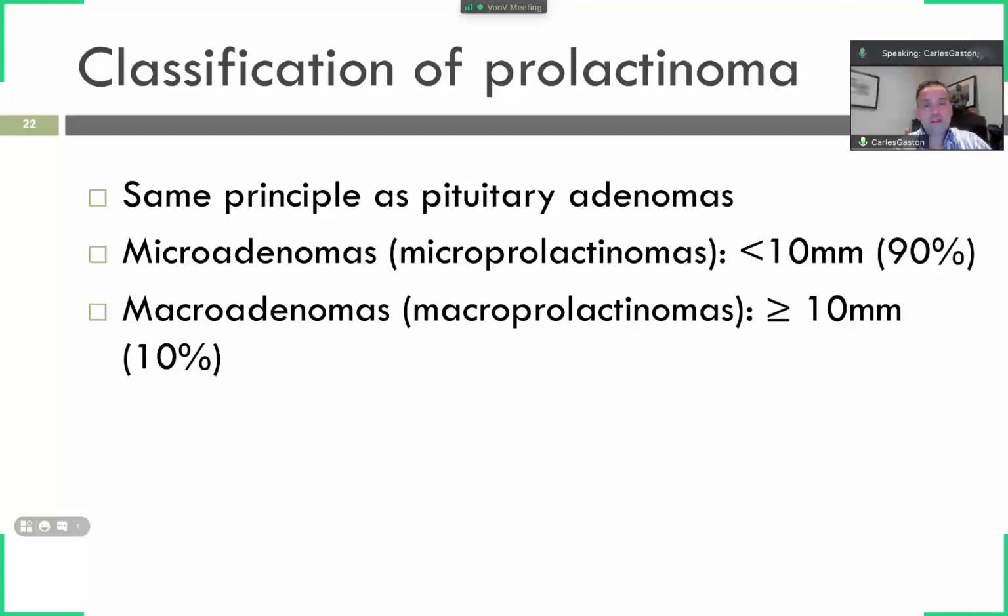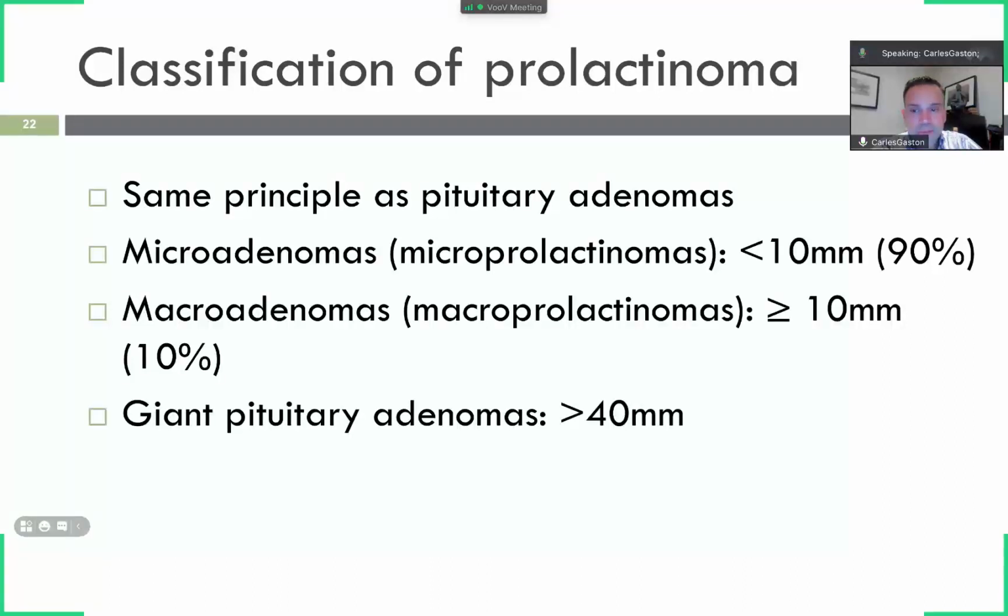Macroadenomas or macroprolactinomas are 10 millimeters or larger, and these can be very nasty because they can grow into giant prolactinomas, right? They are 10% of all prolactinomas. Giant pituitary adenomas are more than 40 millimeters.